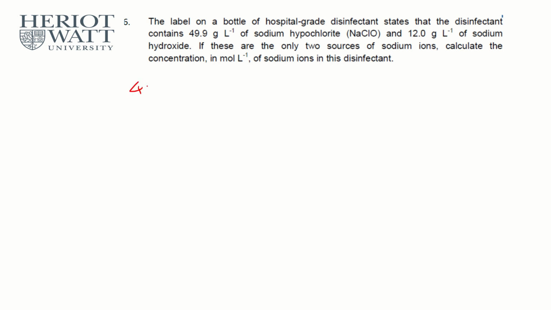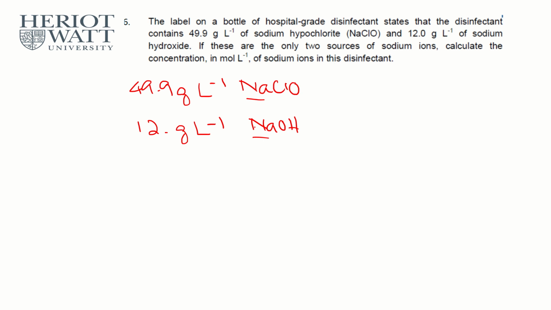Now, I have 49.9 grams per liter of NaClO, and then we have 12 grams per liter of NaOH. What they want is to calculate the concentration in mole per liter of sodium ions. So they want just the sodium ions, in mole per liter. We need to calculate the mole.